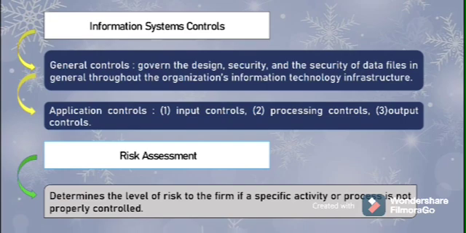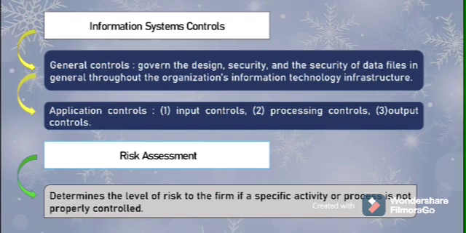They include both automated and manual procedures that ensure that only authorized data are completely and accurately processed by the application. So application controls can be classified as input controls, processing controls, and output controls.